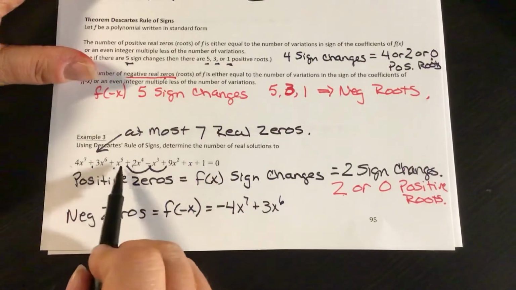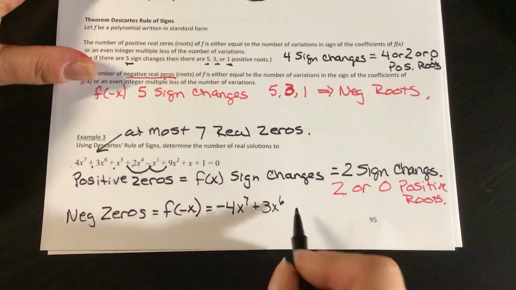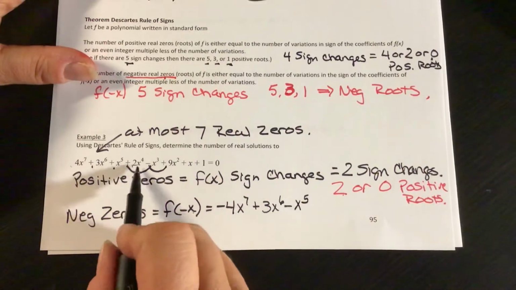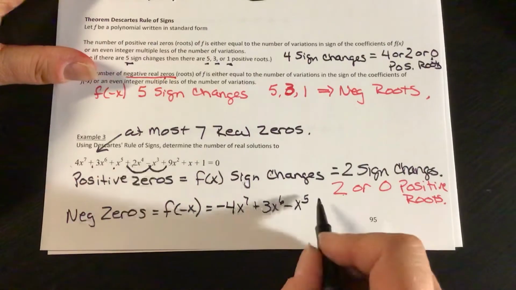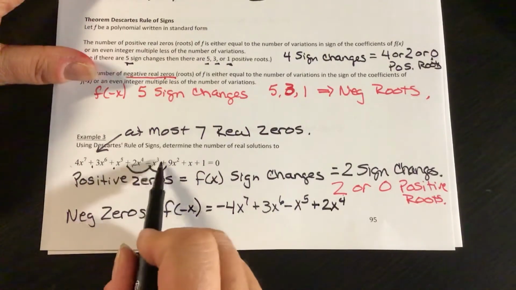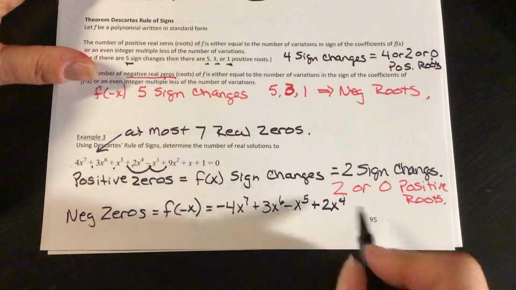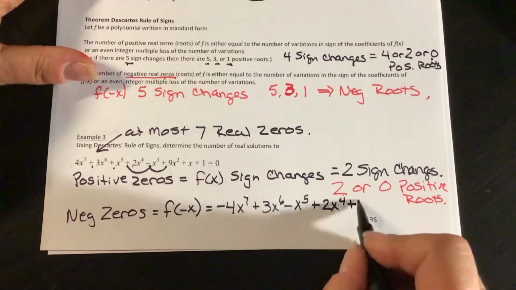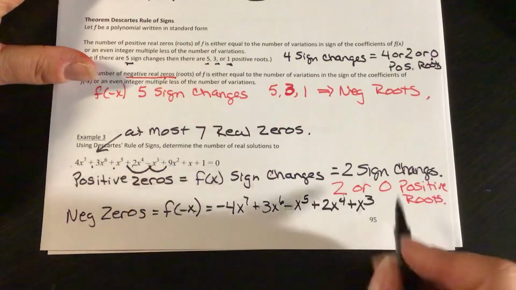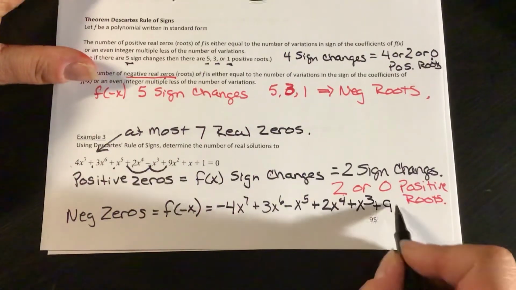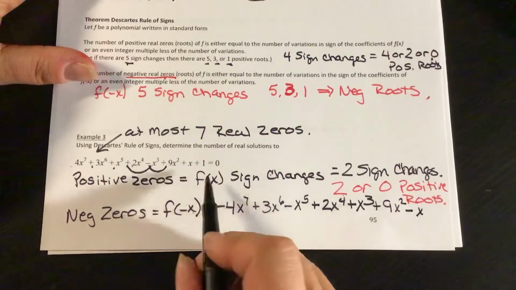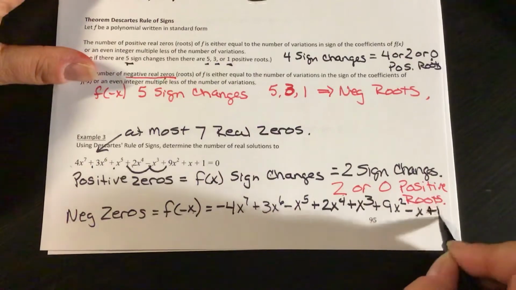That didn't change. An odd exponent here, so this sign will be minus x to the 5th. Even exponent here, so that stays the same, 2x to the 4th. Odd exponent here, so I'm going to change from negative to positive, x to the 3rd. Even exponent stays the same, plus 9x squared. Odd exponent, that would be minus x, and then plus 1.